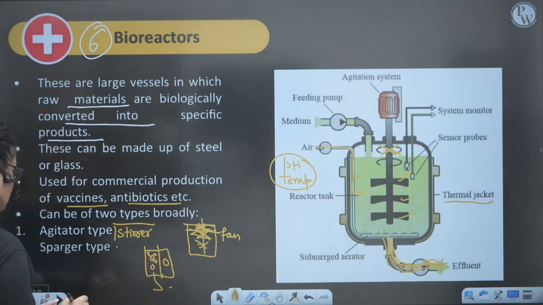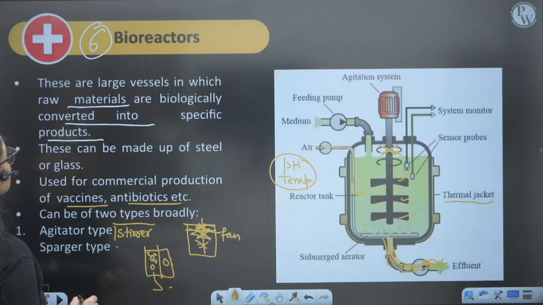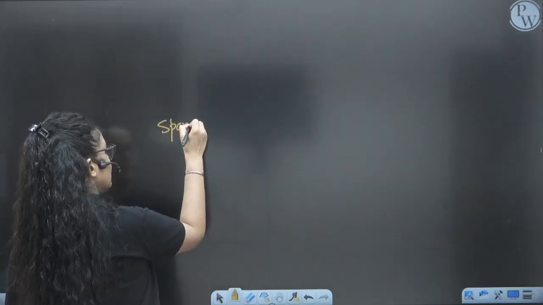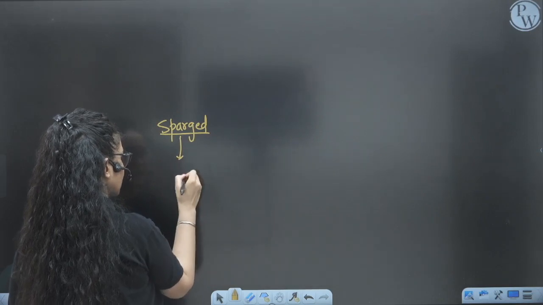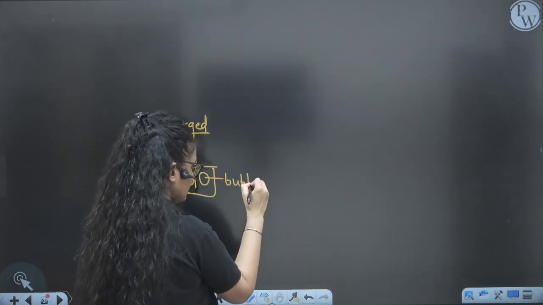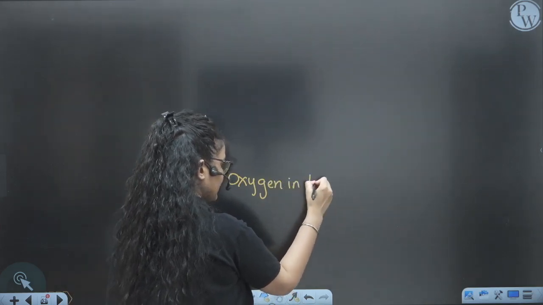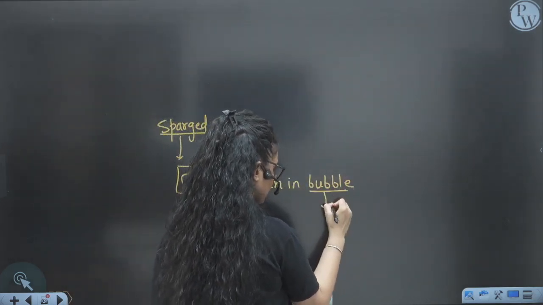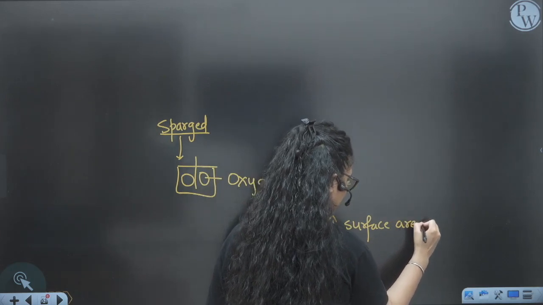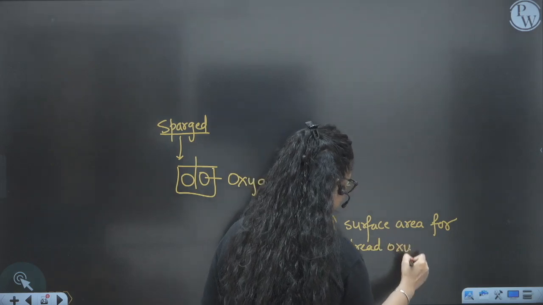Because bubbles spread the oxygen; they increase the surface area for exchange of gases, to distribute oxygen throughout the system.